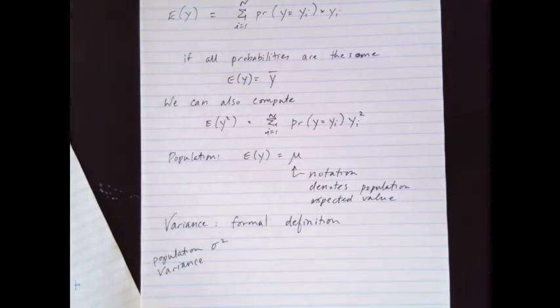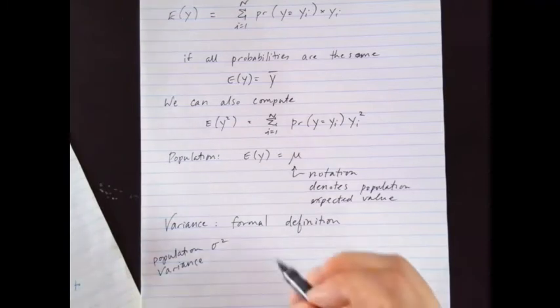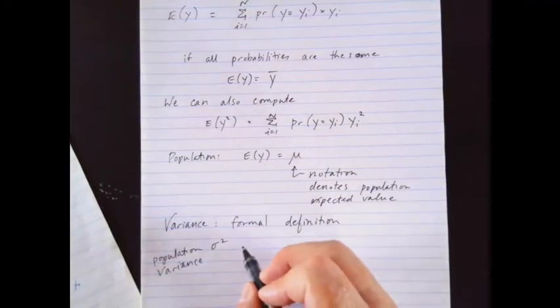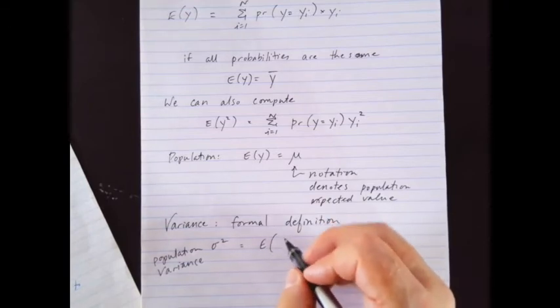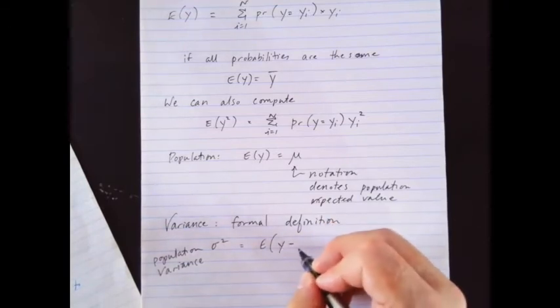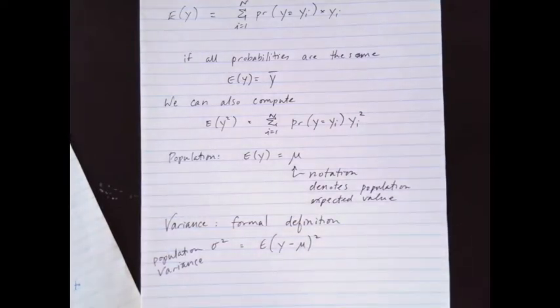To denote that we're talking about the theoretical mean of the population rather than a sample mean, we use the Greek letter mu. And sigma squared is s squared in Greek. So again, we're denoting that it's a theoretical concept. It's the variance of the whole population. That is the expected value of y minus mu squared. So it's the expected value of the deviations of the data points around the population mean.